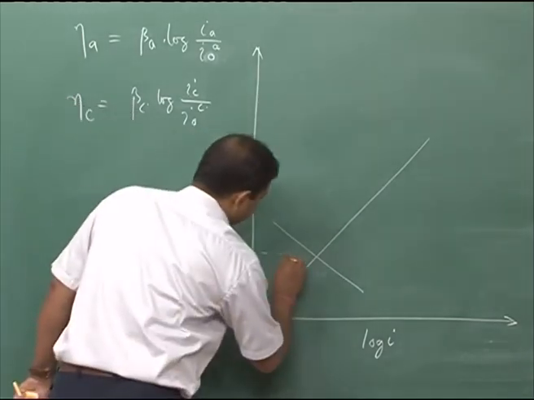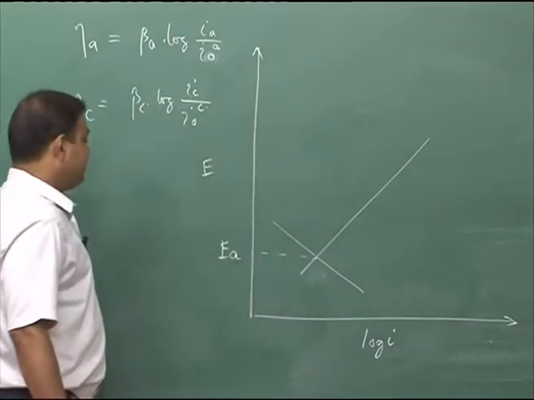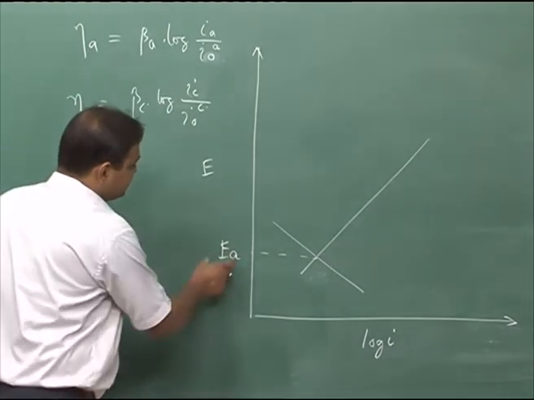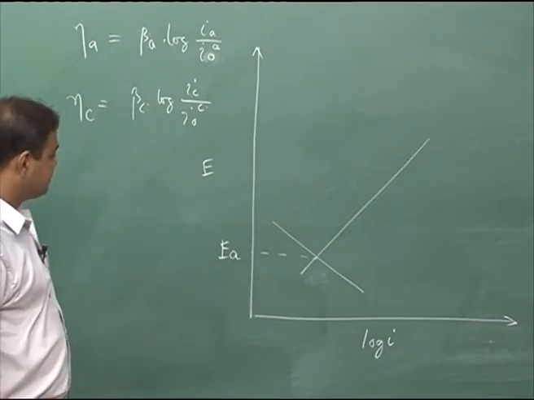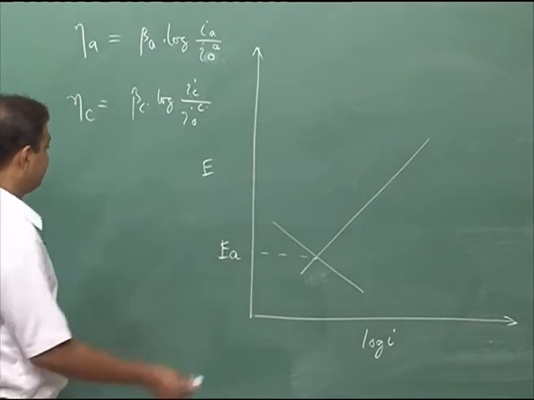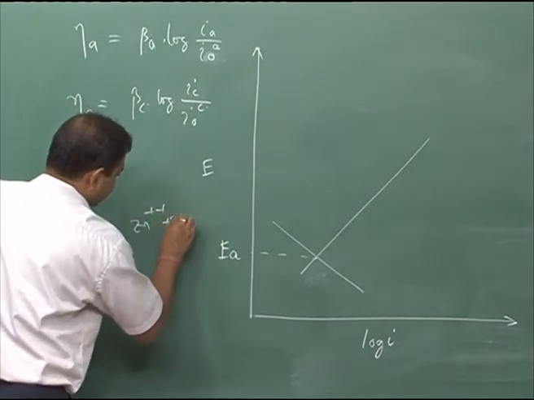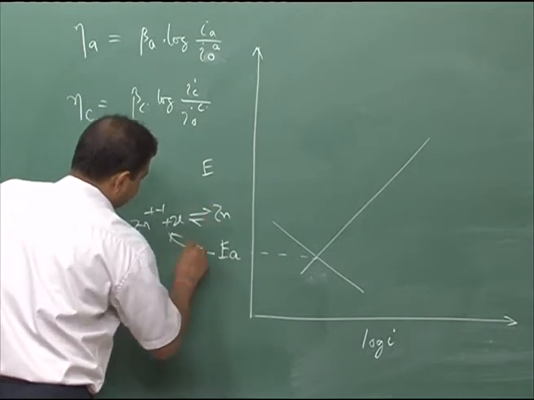This is my E A, which is the equilibrium potential of that particular single electrode system, the zinc system. That means zinc going to zinc 2 plus plus 2 electrons is indicated by this one.